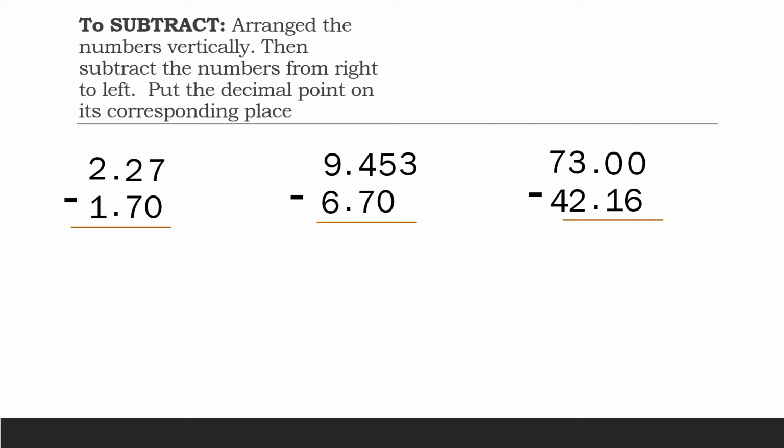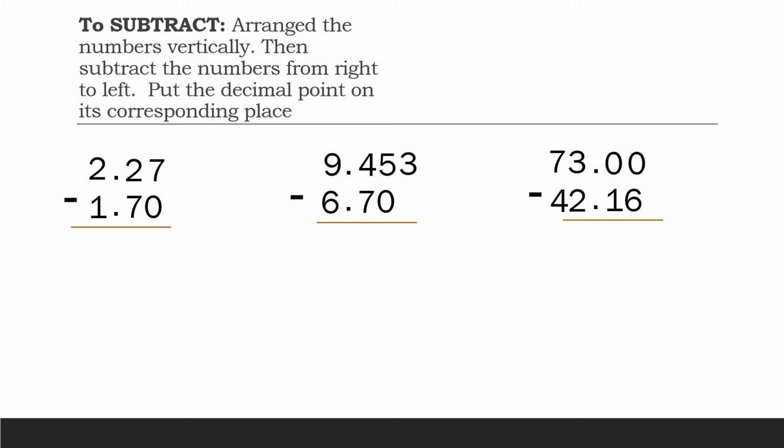Para mas madali sa atin mag-perform ng subtraction, i-align natin yung mga numbers according to their place value, patayo. Susundan lang natin yung ating decimal point kasi yun yung ating guide sa ating numbers. Then, we subtract from right to left, or from smallest place value to highest place value.